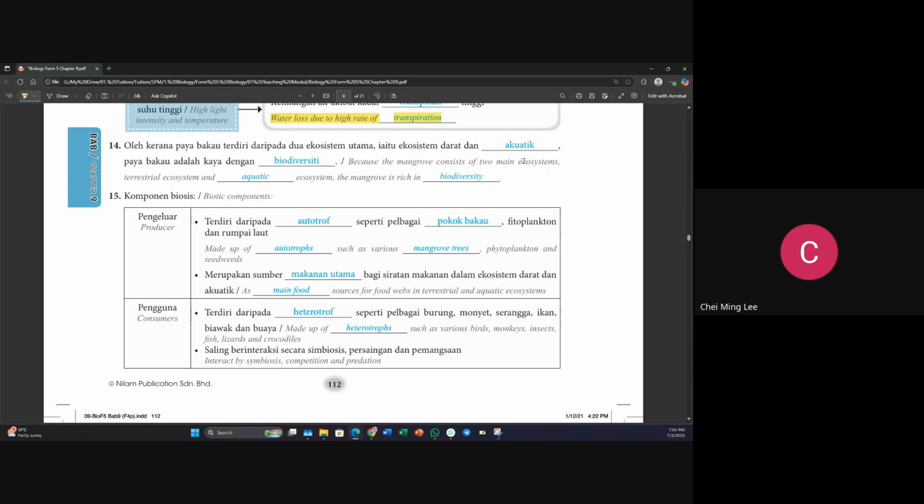Now, the mangrove consists of two main ecosystems: a terrestrial ecosystem and an aquatic ecosystem. Terrestrial ecosystems are those on the land. Because it's muddy, we have land and water together, so they are rich in biodiversity.